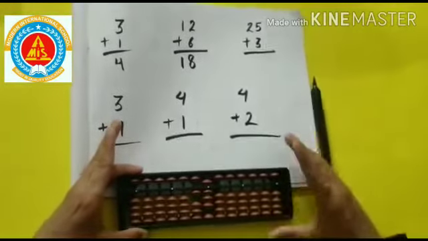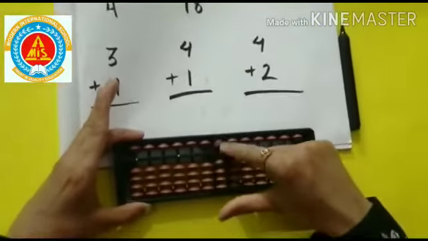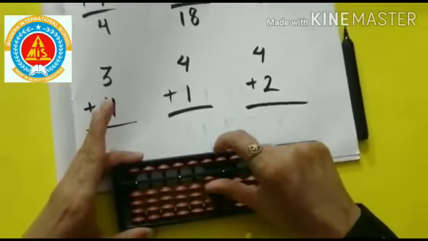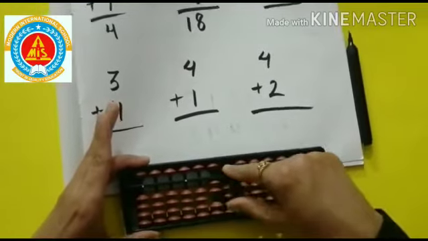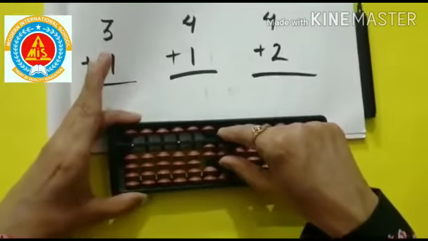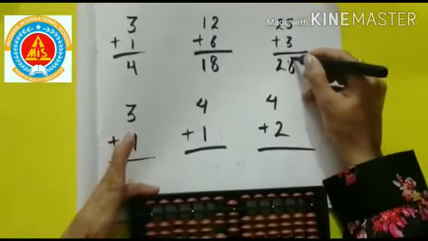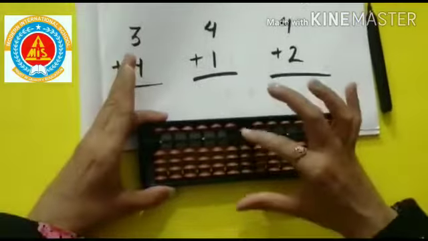Now we have to do 25 plus 3. For this we take 25, and this one is 3. 28. The answer will be 28.